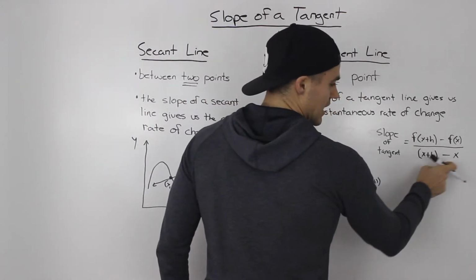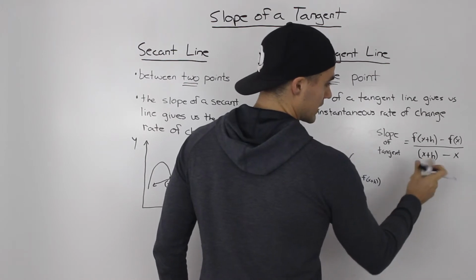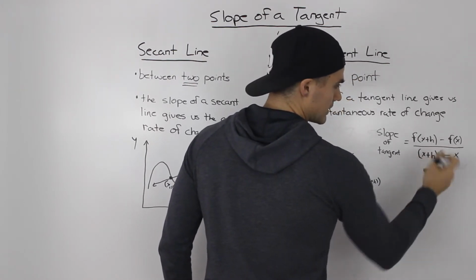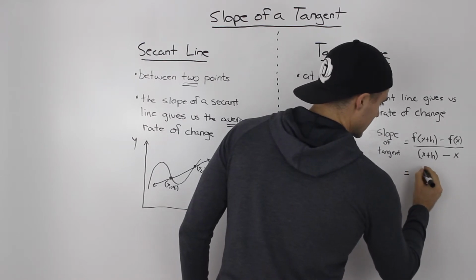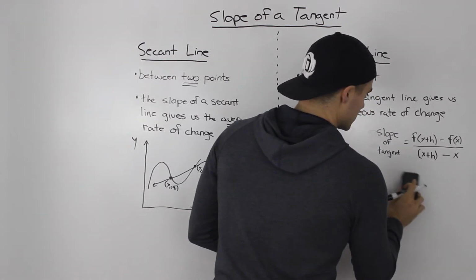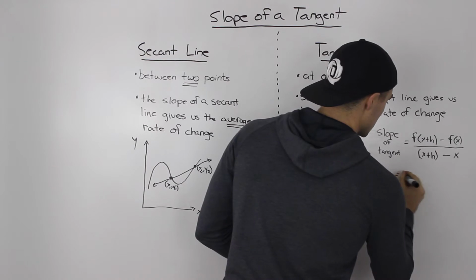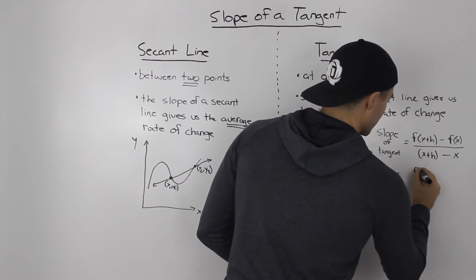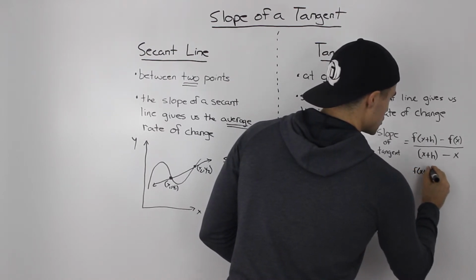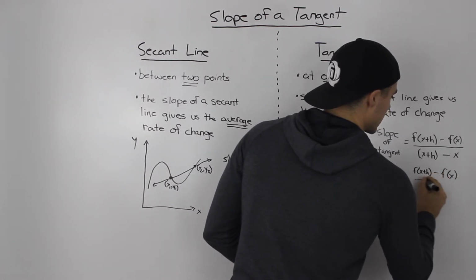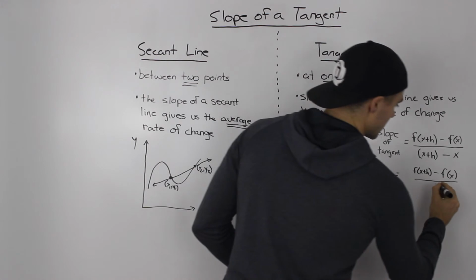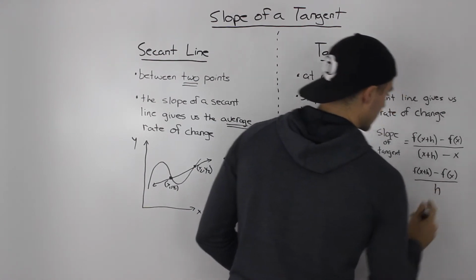And notice how the denominator we can simplify. We can minus the x's. They're like terms. So we would end up with something like f of x plus h minus f of x, and when the x's cancel out, we're just left with an h here.